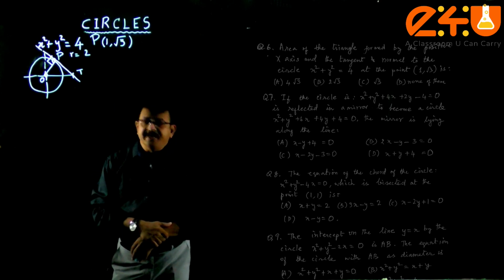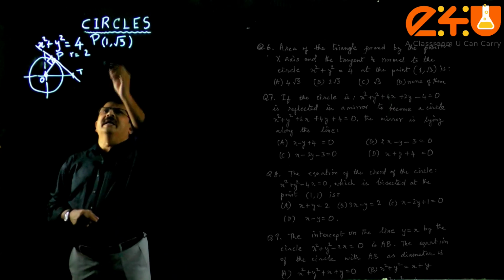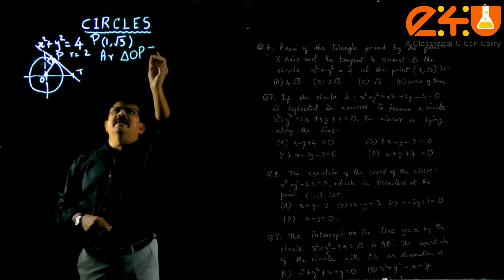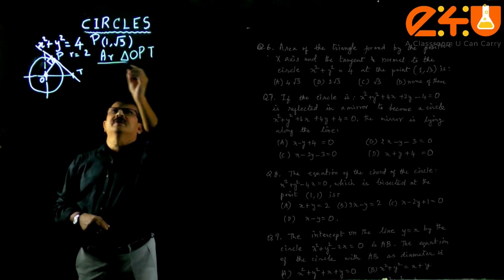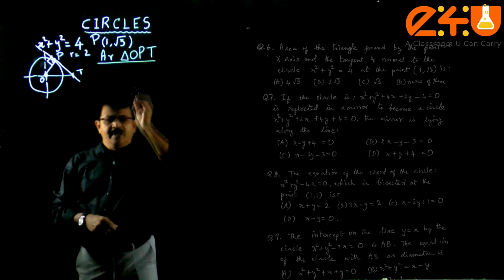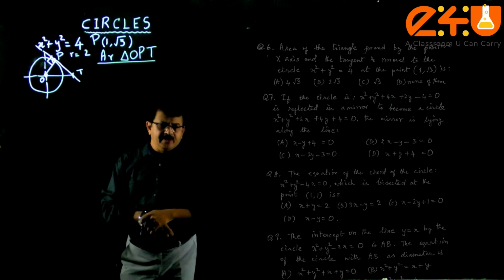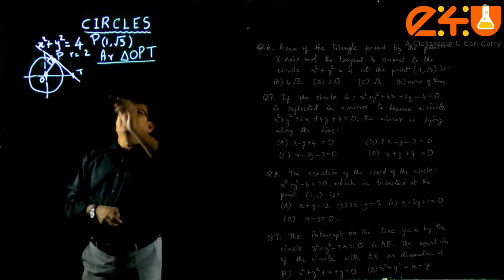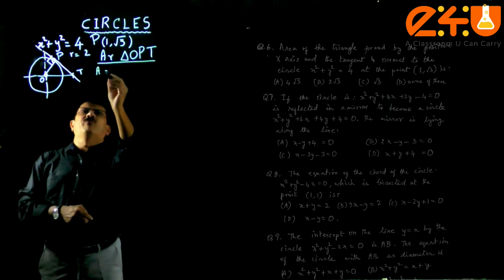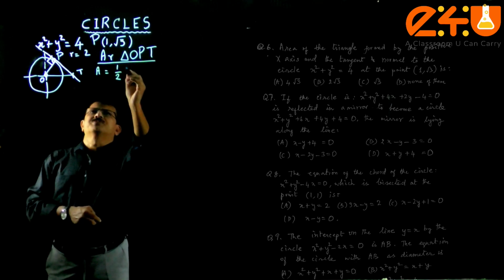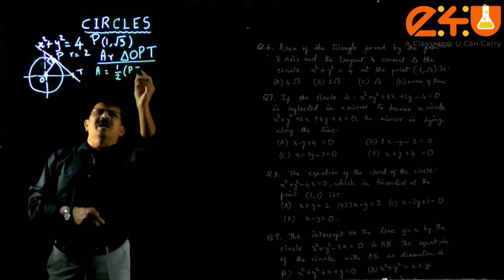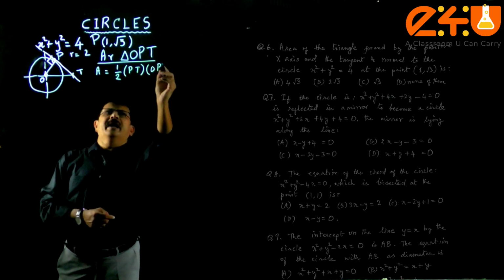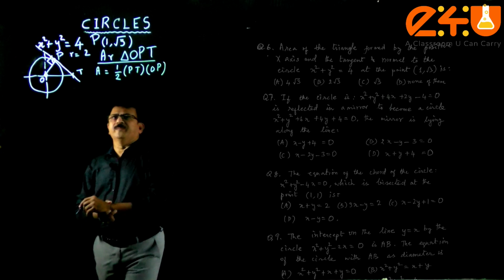Fine. So the question is, you have to find the area of triangle OPT. Options are given: root 3, 2 root 3, root 3 and none. Fine, we go by the famous formula, half times base into height. So it is half times the length PT and the height, the length OP.